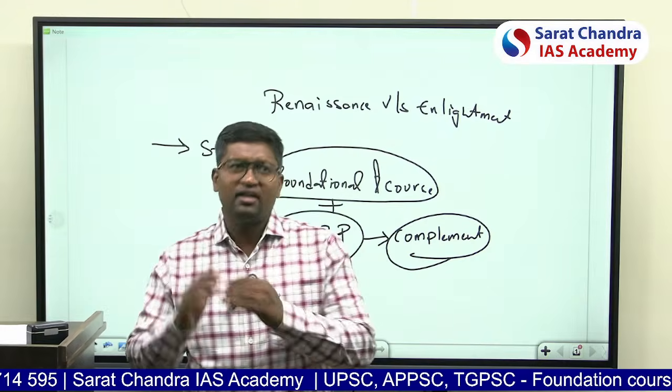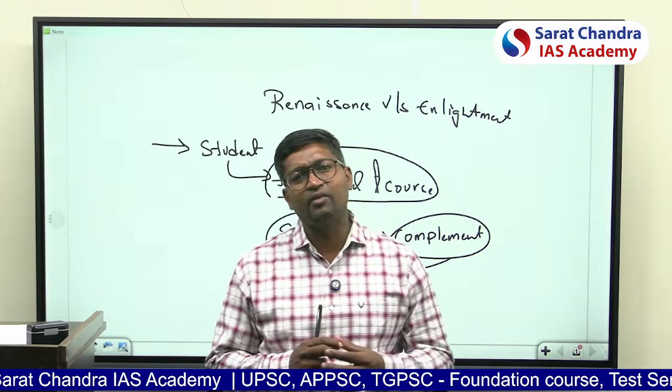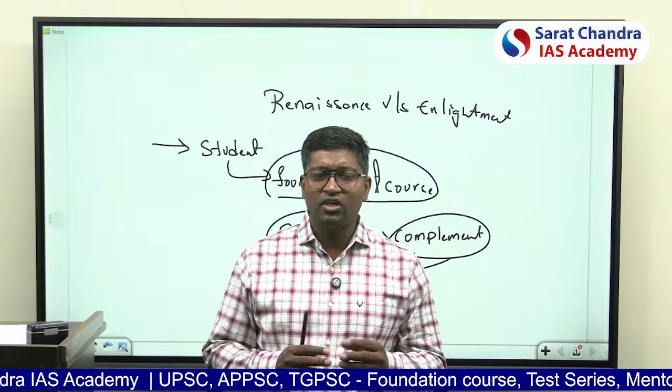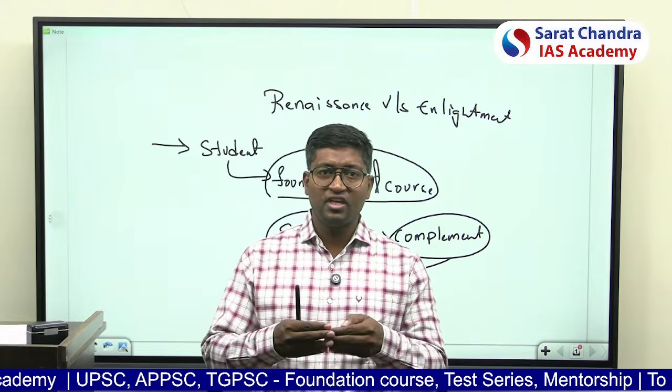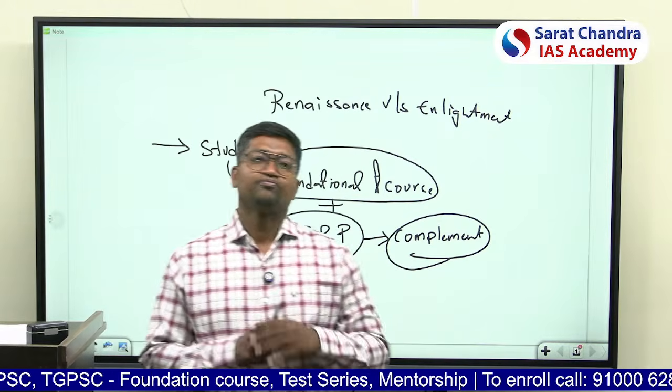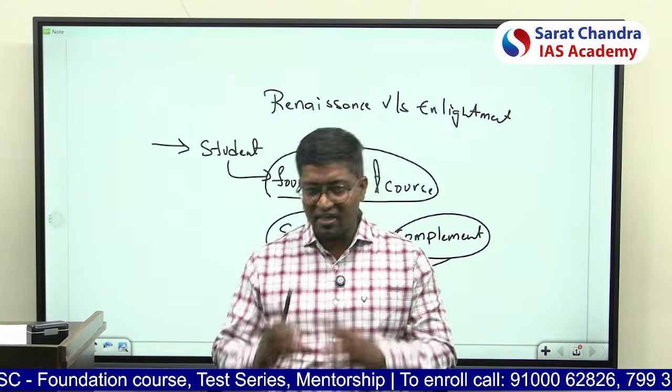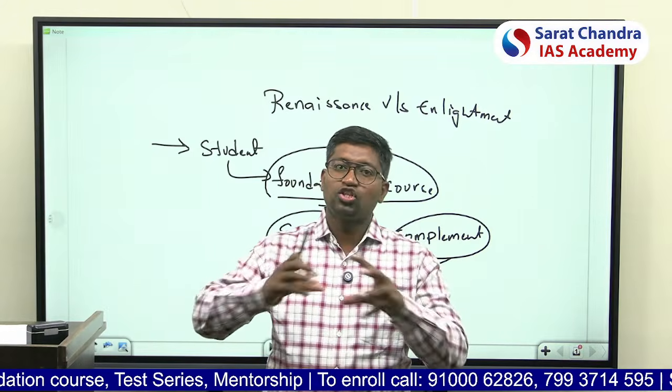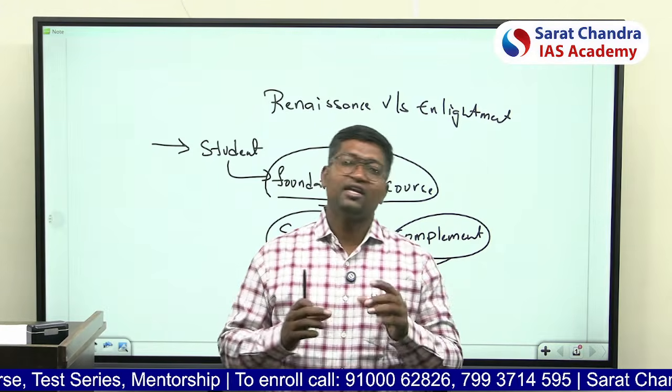What is the core context of Renaissance, and what is the core context of Enlightenment? Renaissance is a cultural movement bringing social and intellectual change in European society, which started in Italy and spread to entire Northwest Europe.